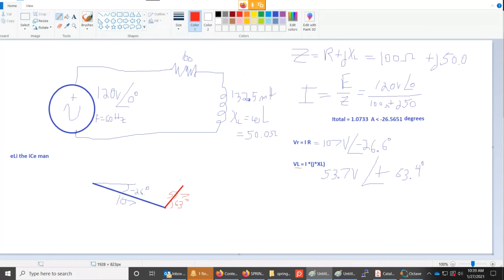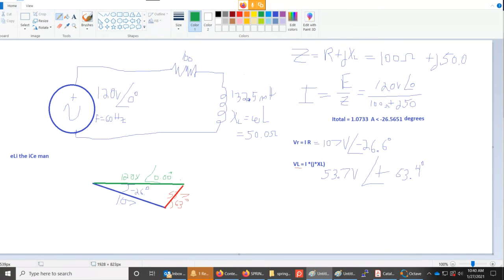And so when we add those together, we should be ending up with 120 volts at an angle of 0 degrees.